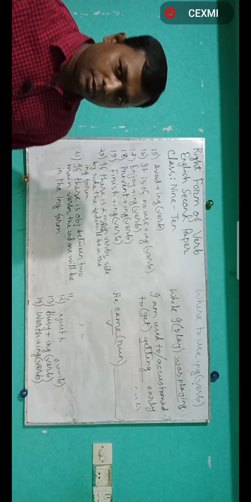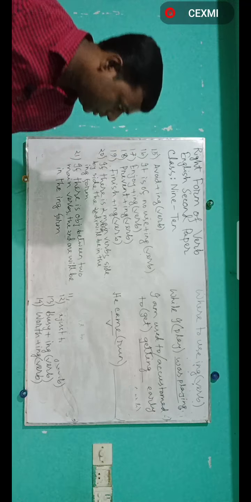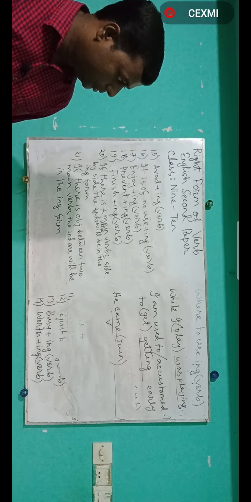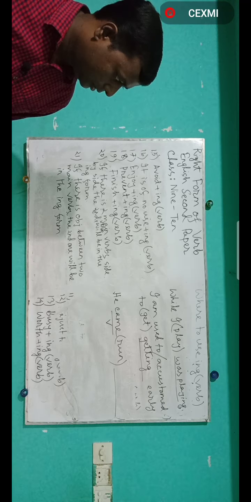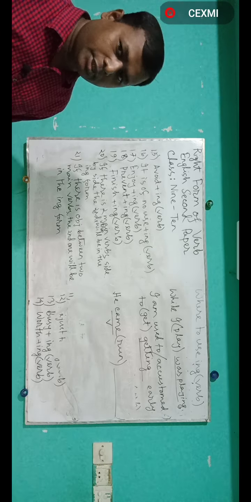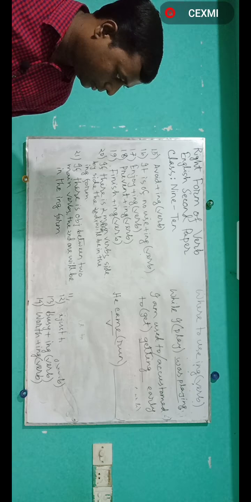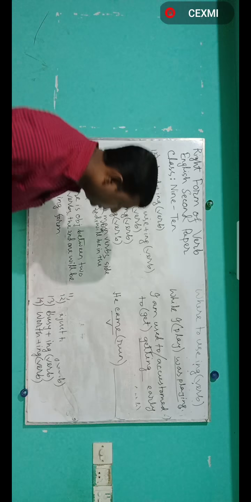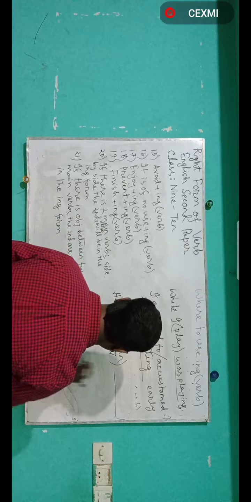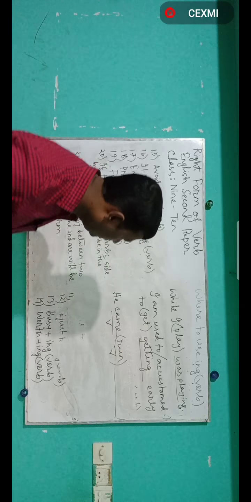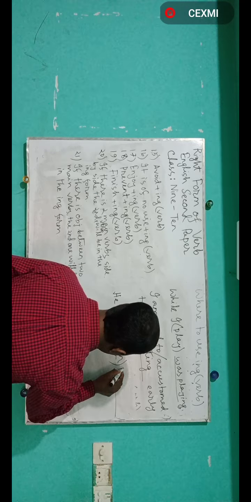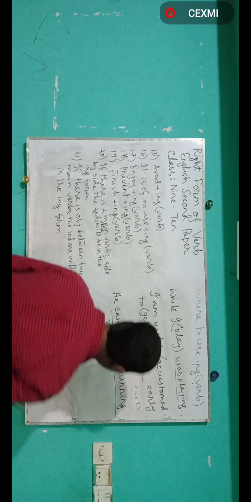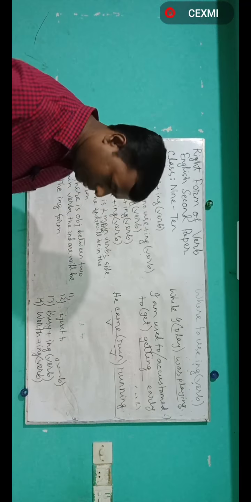Run also denotes doing. As run denotes doing, it is certainly a verb. So you can see that there are two verbs side by side. So the second one will be in the ing form. What will be the answer? The answer will be running. That means the second verb has been in the ing form. Then come to the next one.